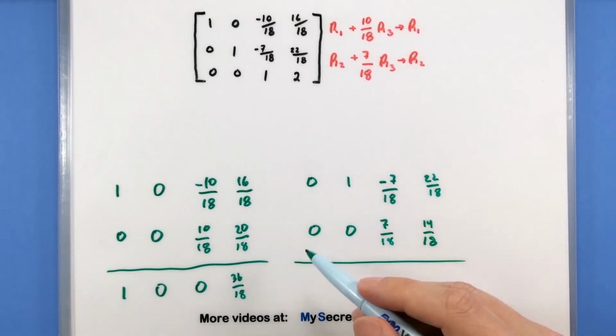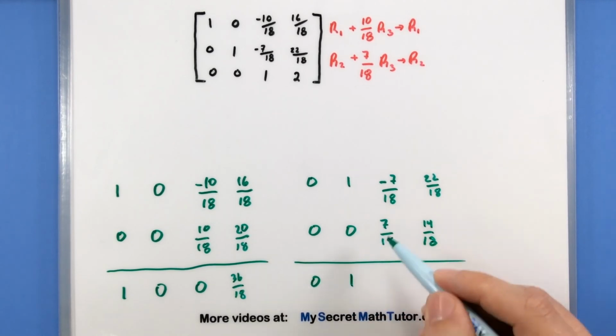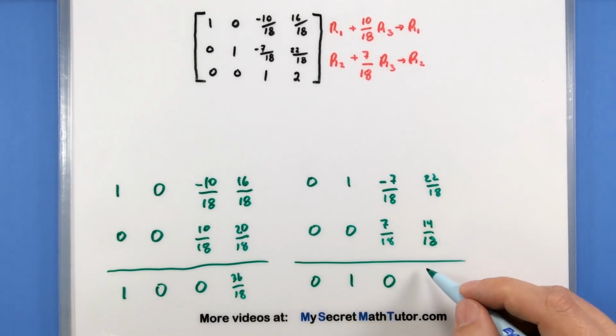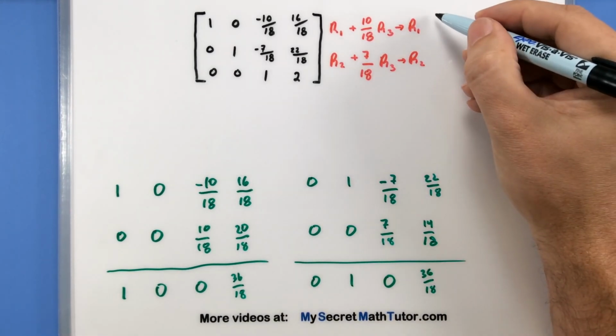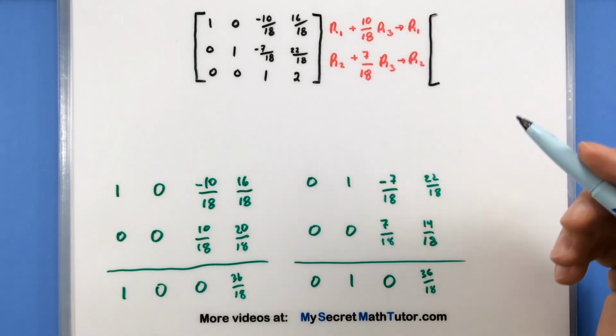All right, and now we add these up. 0, 1, 0. These will combine to give us a 36/18. So what do you know? Another number of 2. All right, so let's write down this matrix and see exactly what we get.